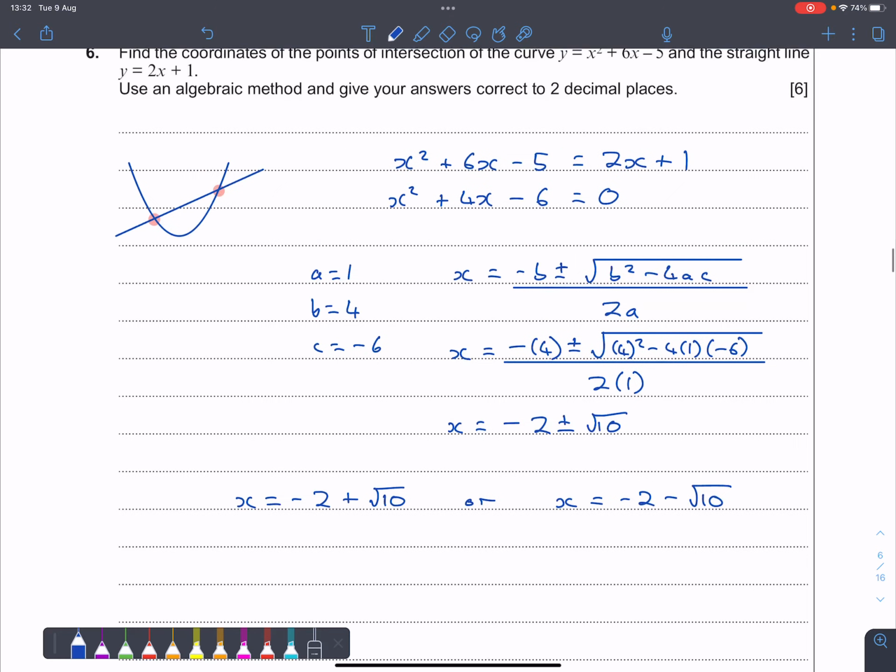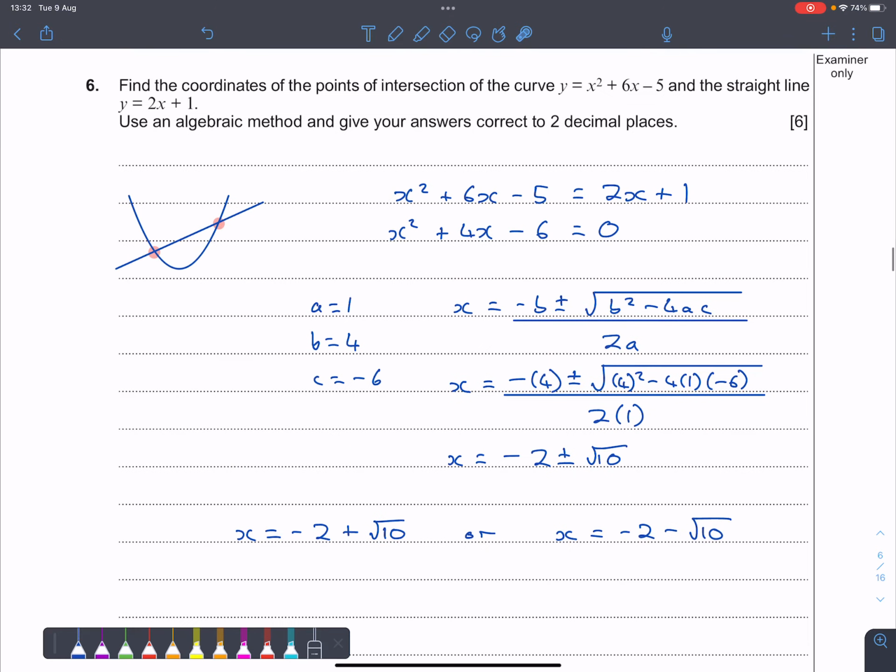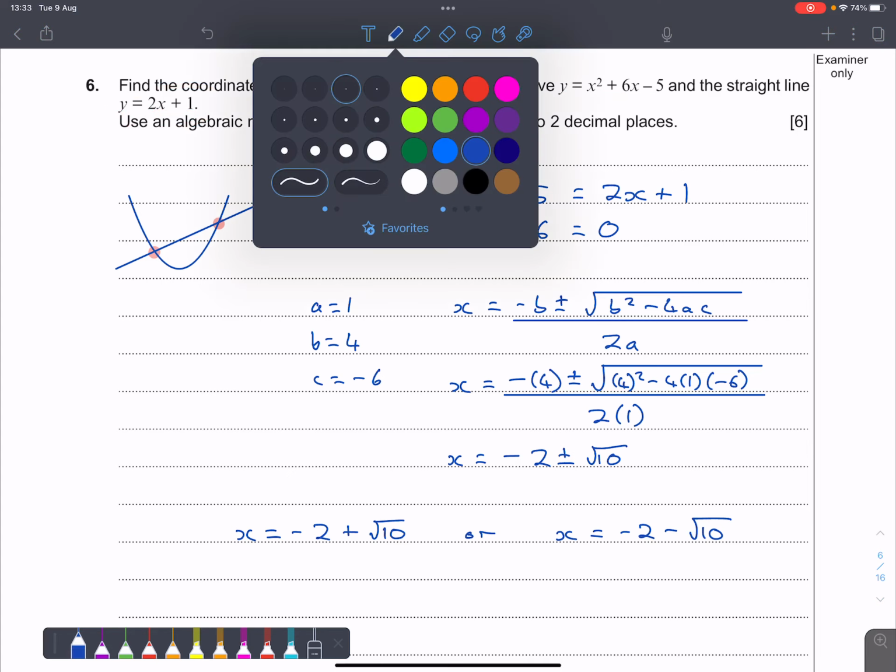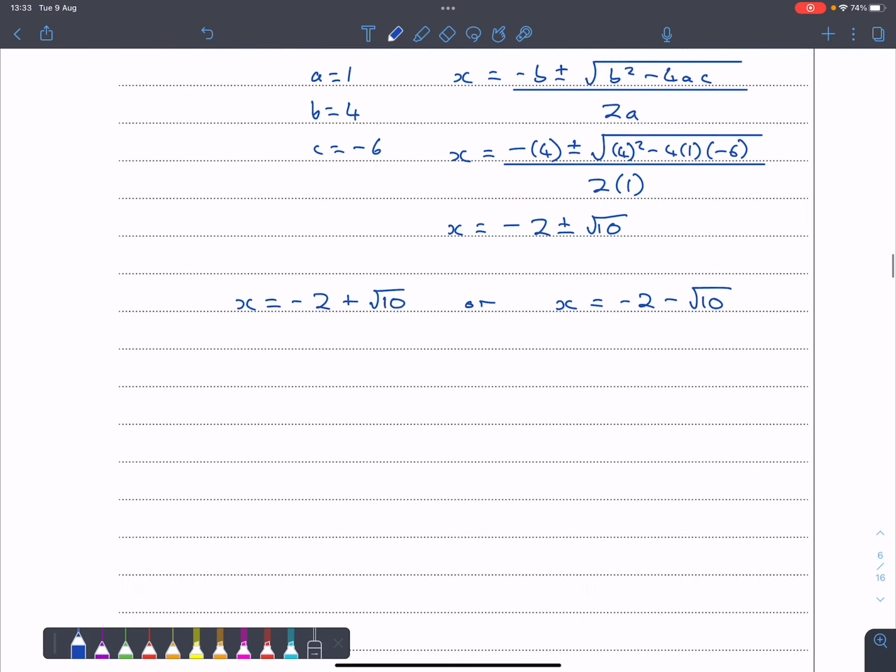Now I need to find the y value that goes along with each of these. The y value can be found in 2 different ways. I have an expression for y from the quadratic, and I have an expression for y from the linear. Substituting my x into either one of these expressions will give me the corresponding value for y. I will use the linear because it's slightly easier. y equals 2x plus 1.